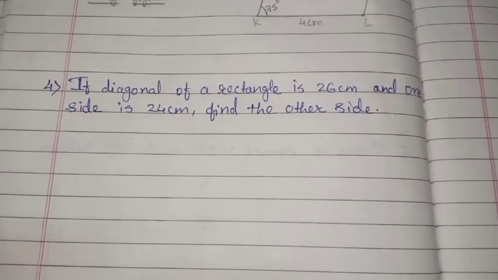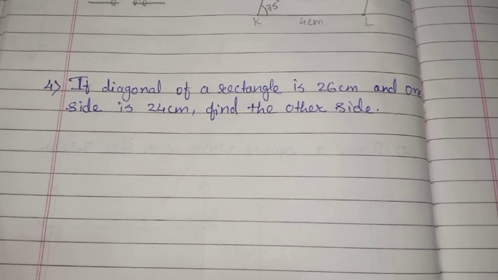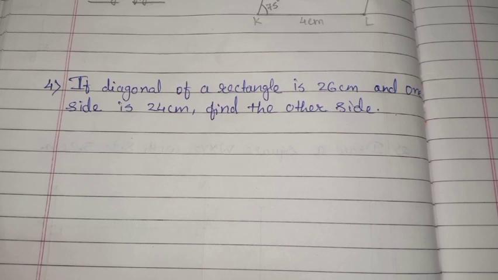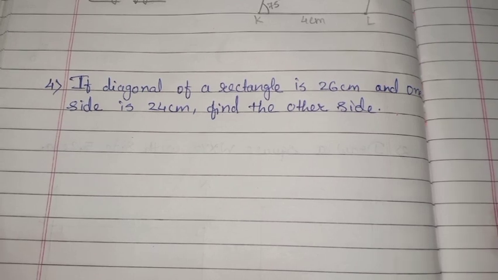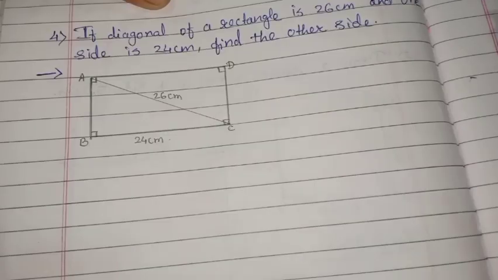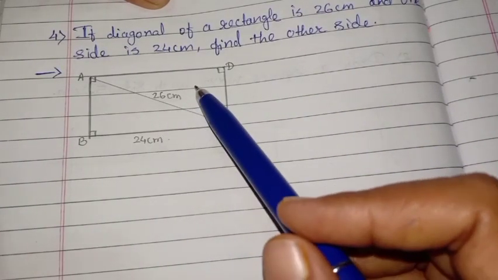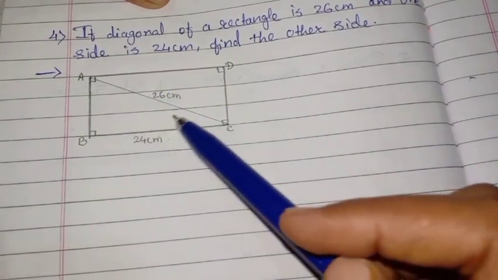Now question number 4. If the diagonal of a rectangle is 26 centimeters and one side is 24 centimeters, find the other side. Children, to solve this sum, first of all we have to draw a rough diagram. From the given information, draw a figure like this.